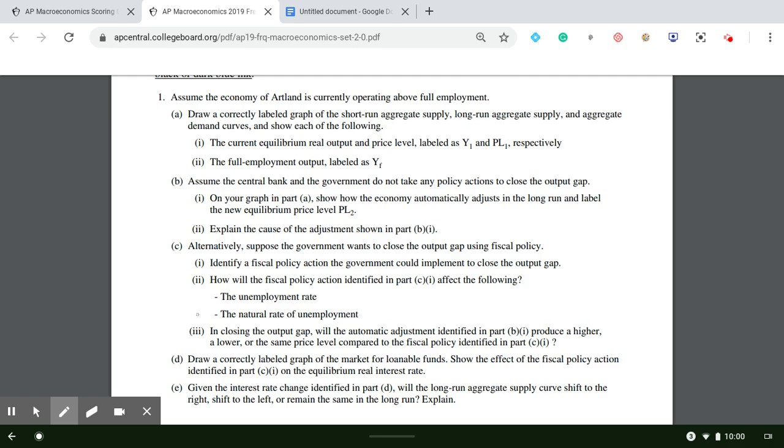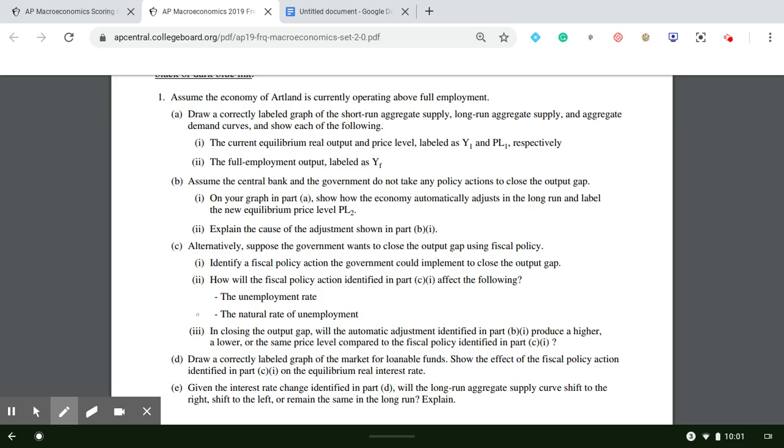Usually, government spending is not going to change it. You could make an argument that it could if it improves infrastructure and makes capital more productive. But the only thing the government can somewhat affect with the long run aggregate supply curve is how interest rates will affect this in the long run.